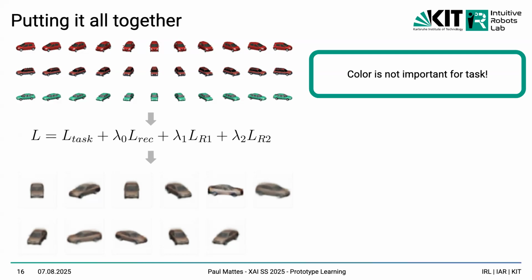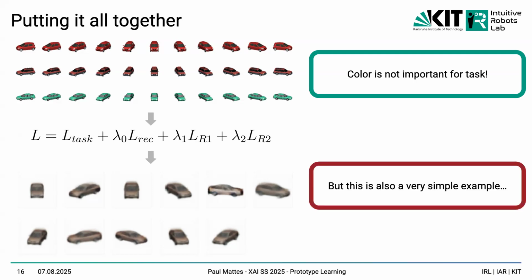So the color, the model does not care if it's red, green, or whatever, to predict the correct label. It represents them in different angles. Of course, that's a very simple example of prototype learning. The classes are on the whole images. We only have 11 classes, but it showcases what we could do with prototypes.